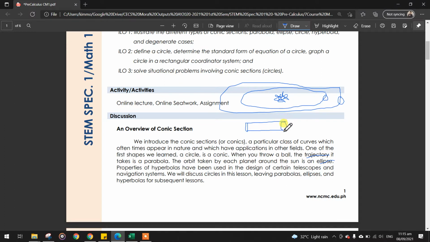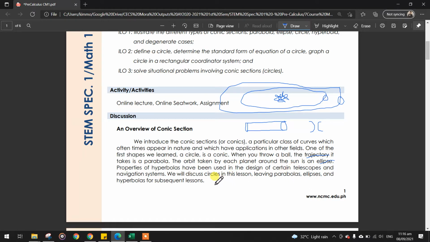I don't know if this was discussed in your physics class. The mirror is also concave and convex. When you look through a telescope, the object is magnified, meaning your view of the objects becomes bigger. That is an example of a hyperbola. So we have the hyperbola, parabola, ellipse, and circle. Those are examples of conic sections. We can see many examples in our surroundings that we can relate to conic sections.